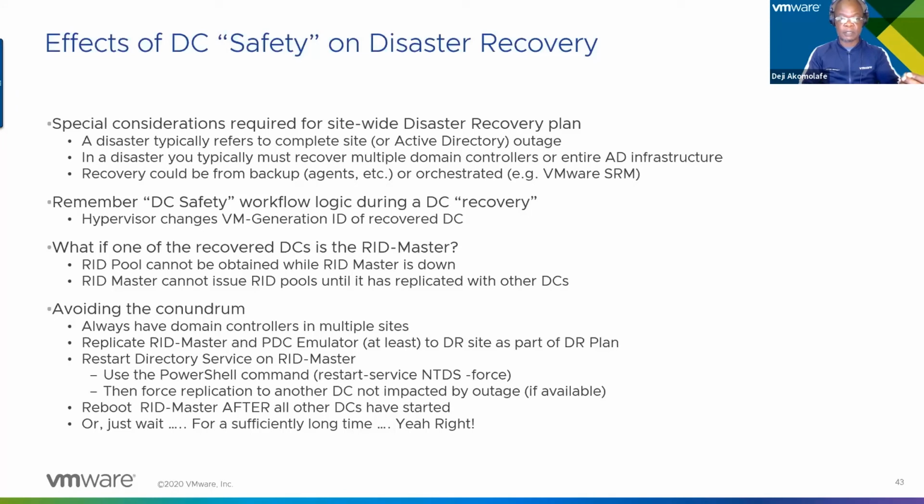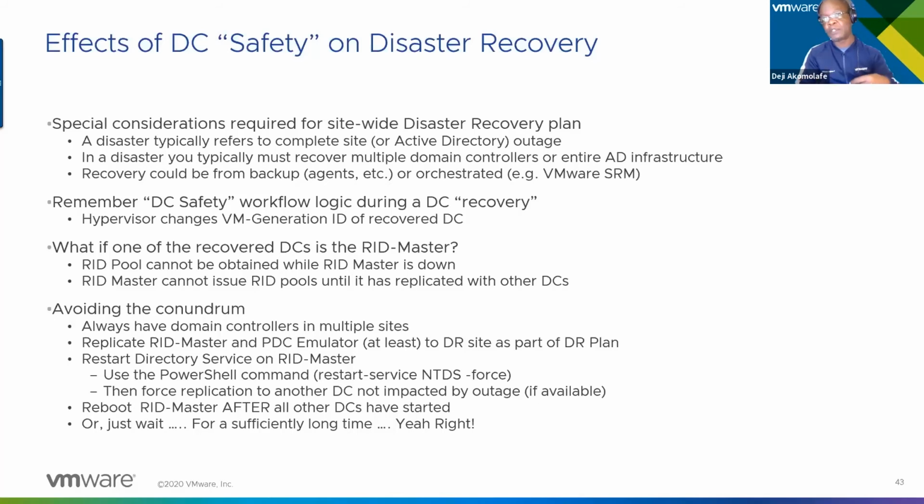Replicate the RID master and the PDC emulator especially to the DR site, maybe as a warm site or even a cold site. When you bring up your domain controllers in a disaster recovery scenario, you may have to reboot the RID master multiple times because normally the directory services won't start because it's not able to replicate to another domain controller, perform the initial replication that we mentioned earlier.